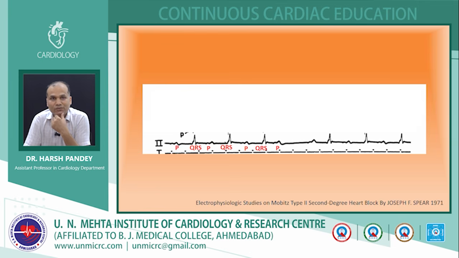What they found here, you can see in this rhythm strip: PQRS complex, first beat PQRS, the next P is again connected with the QRS complex, the third beat also is connected from P to QRS, and in the final fourth beat the P wave is there, but there is no QRS.